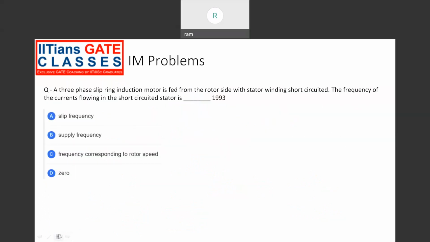This is GATE 1990. What does the question say? A three-phase slip-ring induction motor is fed from the rotor side, stator winding short circuited. So the frequency of the current flowing in the short circuit stator is, as we have discussed earlier, right? The slip frequency, S into F.